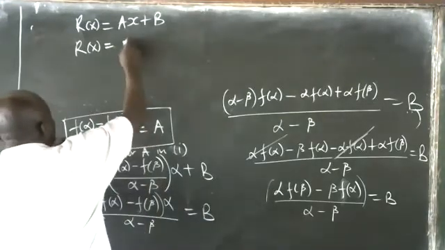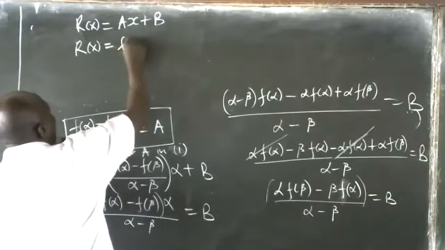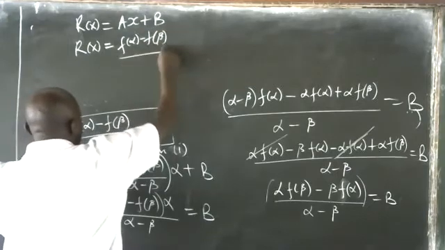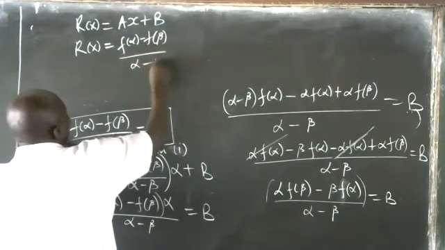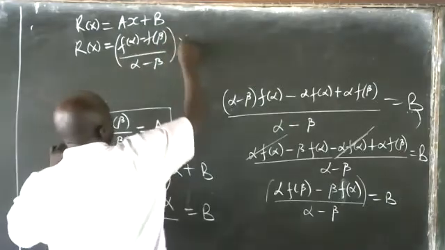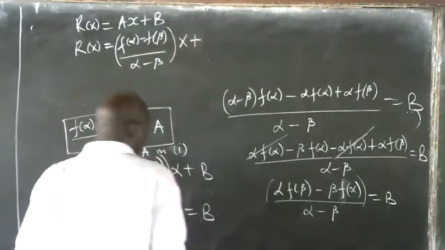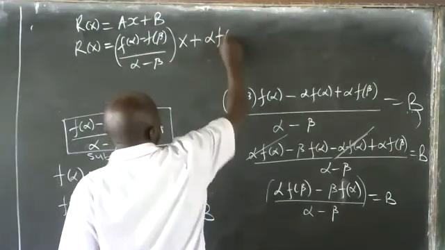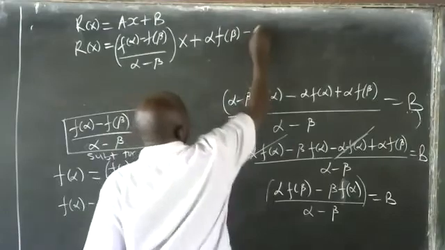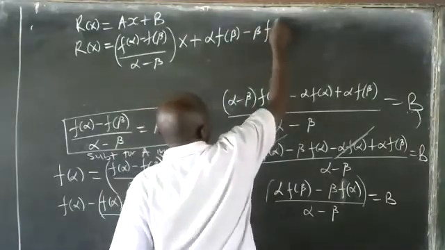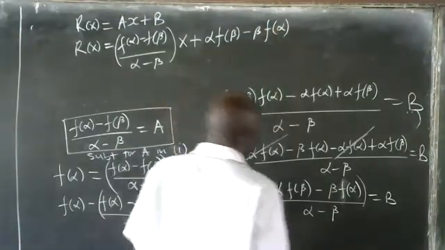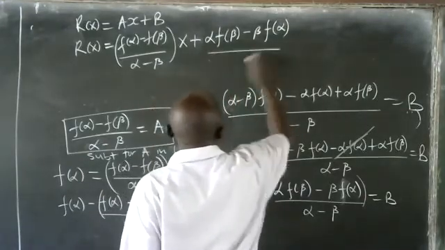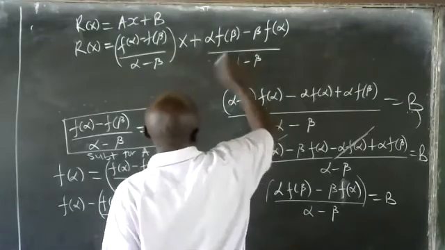We shall say F alpha minus F beta over alpha minus beta, x, plus our B, which is alpha F beta minus beta F alpha over alpha minus beta.